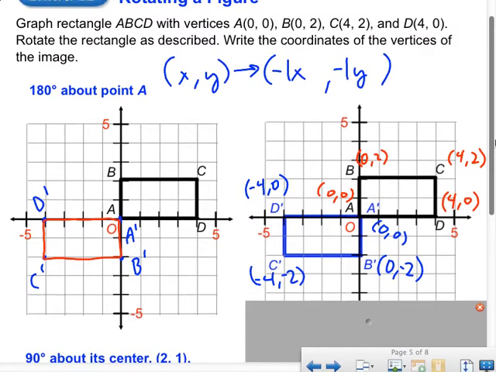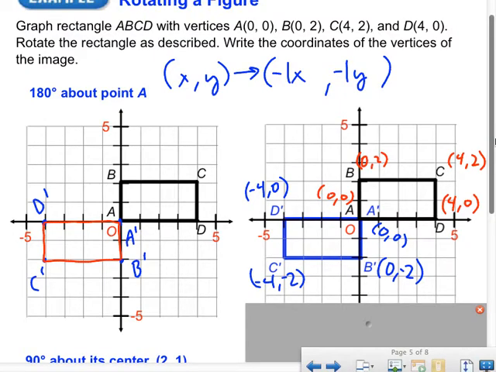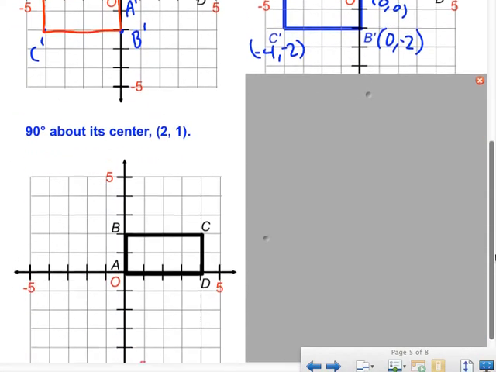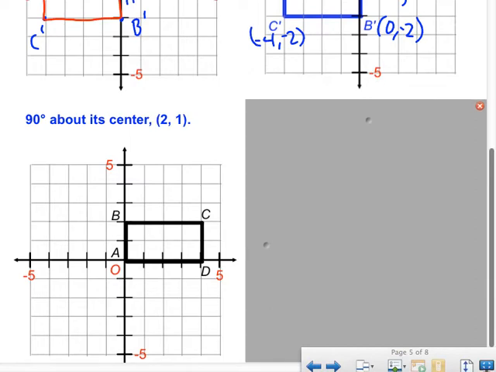Now, that only works for this transformation. Every transformation is going to have a different rule. So, how about we take a look at this one? Now, guess what? Are we rotating about the center, the origin? No. They want us to rotate it about the point 2,1. That's the point 2,1.